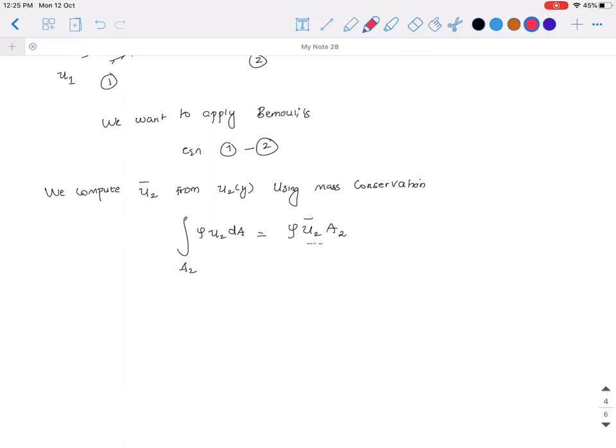So u2 is a function of y, and u2 bar is the equivalent uniform velocity, obtained by enforcing the condition that the mass flow rate between profile 1 and profile 2 should be the same.